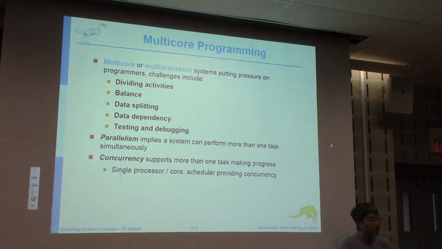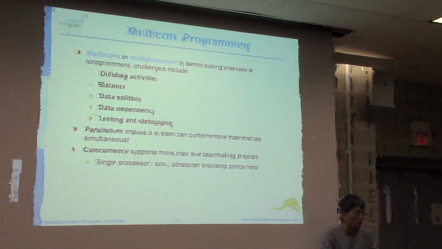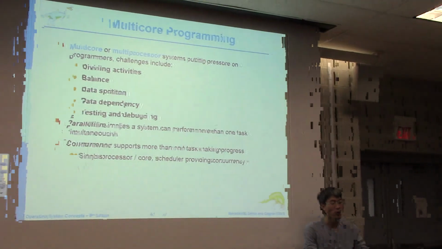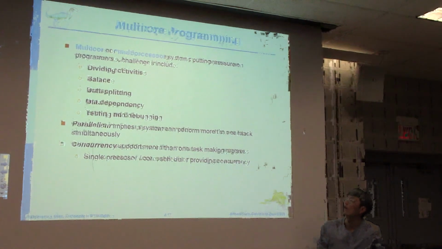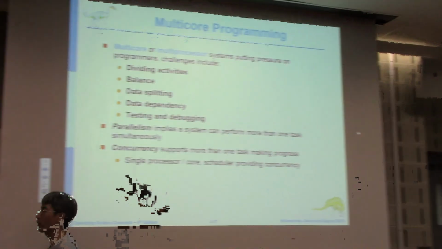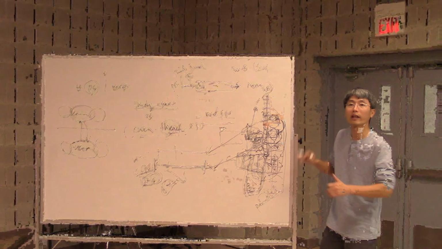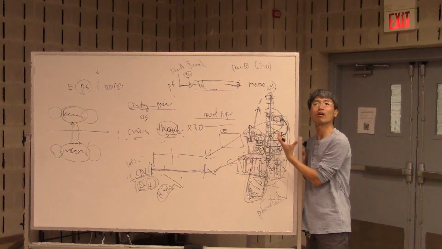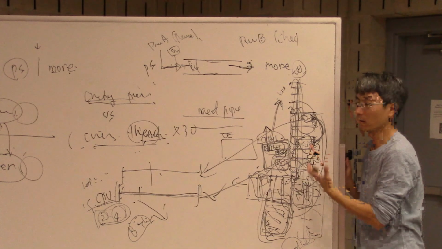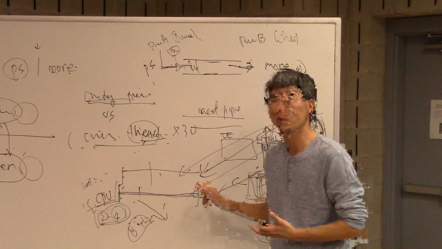Actually, multi-core or multi-processor programming is not easy. It is definitely different from single-core or traditional programming, because we first need to consider dividing activity. If our program is clearly divided into several groups that are not correlated a lot, one totally independent, then we can assign this task to one core and that one to another core.